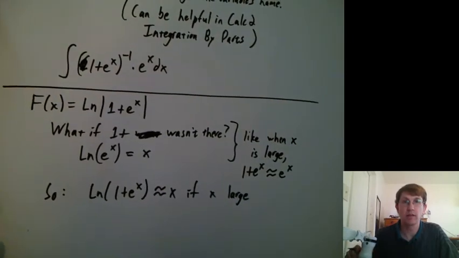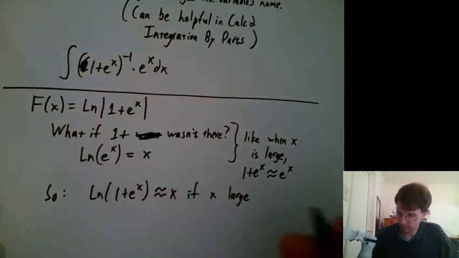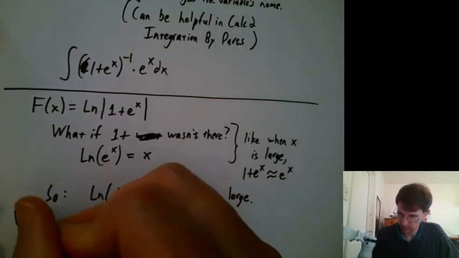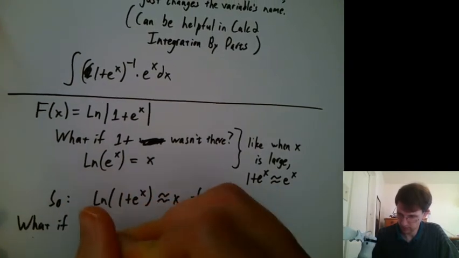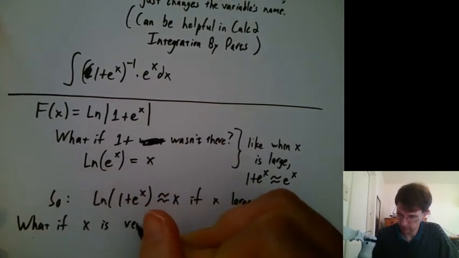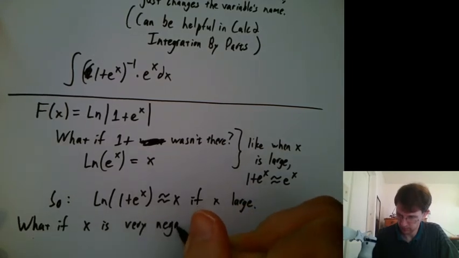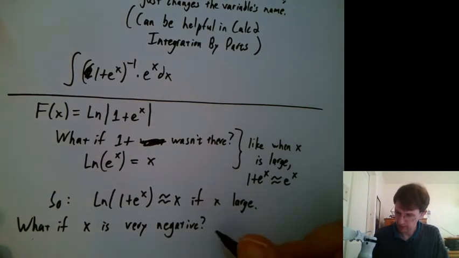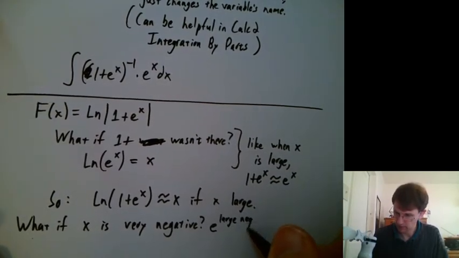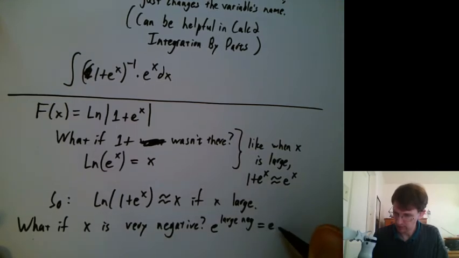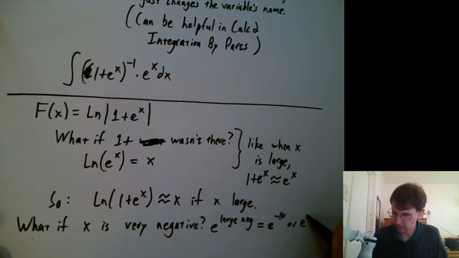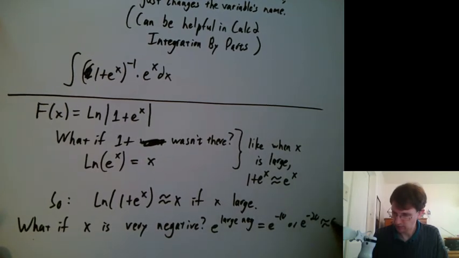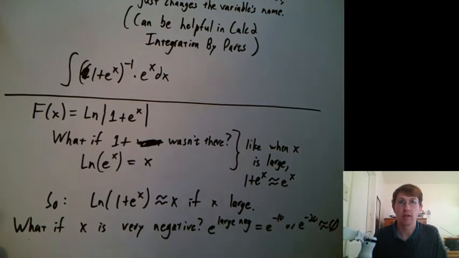What if x is very, very negative? Like negative 10, negative 20, then e to the large negative is like e to the minus 10 or e to the minus 20, which is pretty darn close to 0.